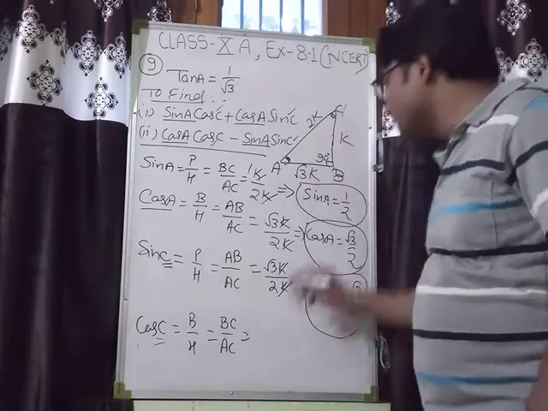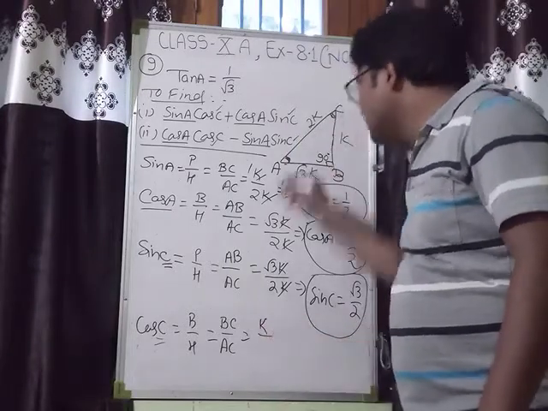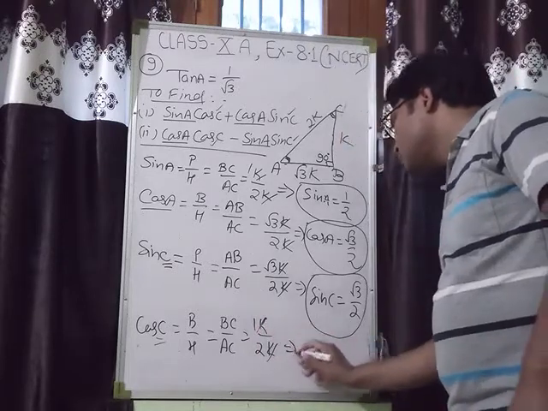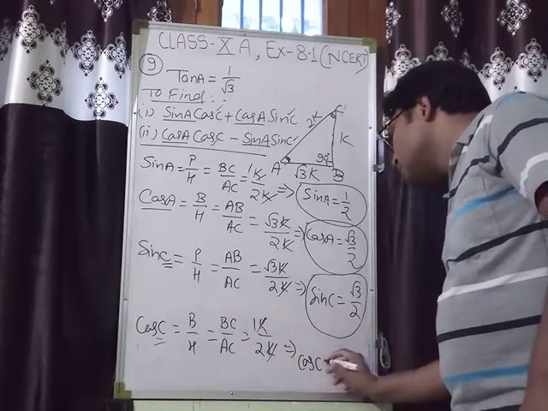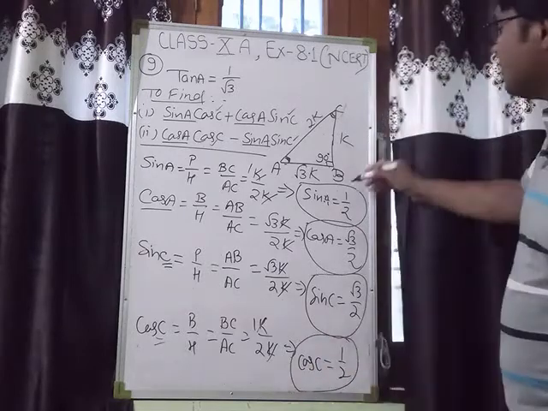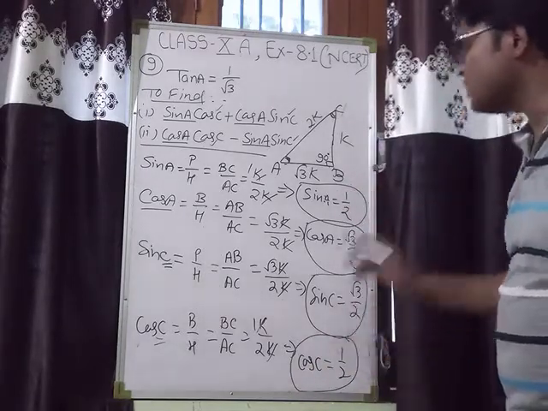So that will be K upon 2K. K and K will cancel. We have cos C equal to 1 upon 2. Now we have the values of sin A, cos A, sin C, cos C.